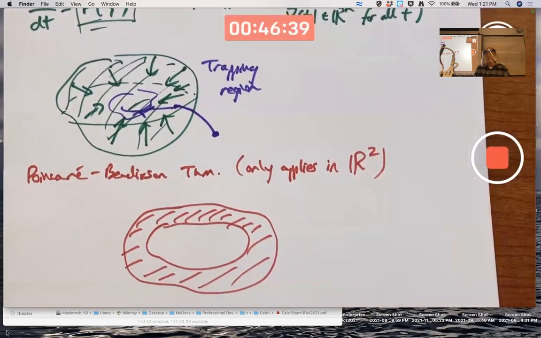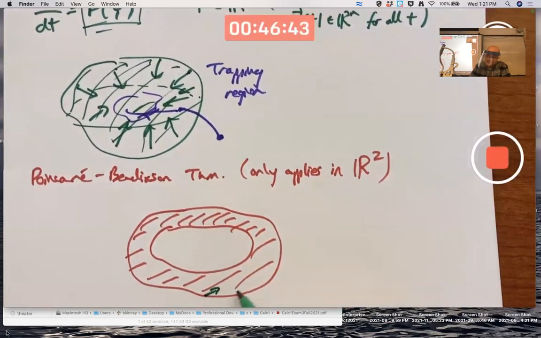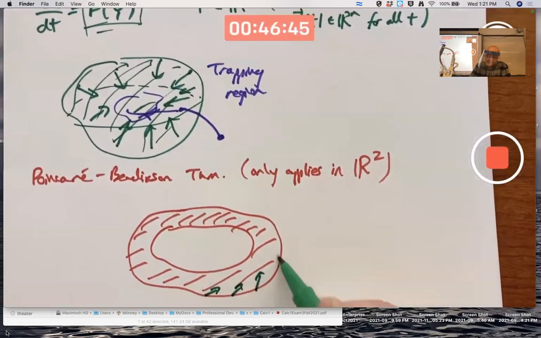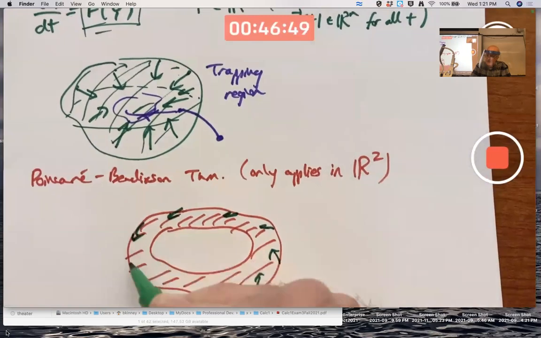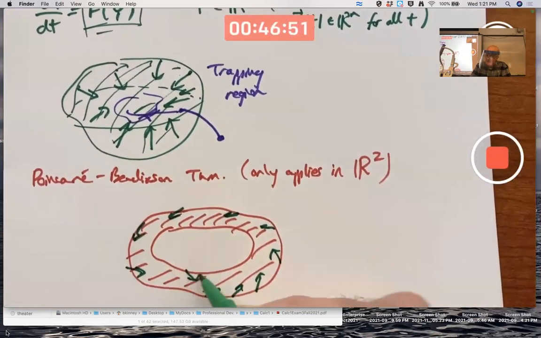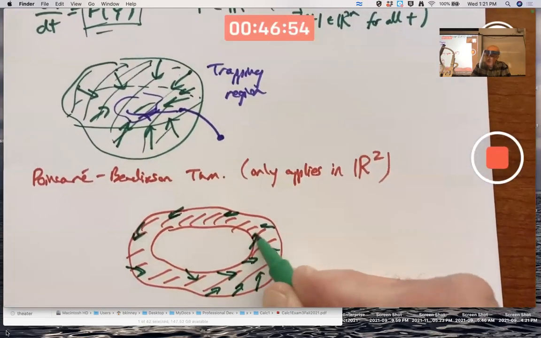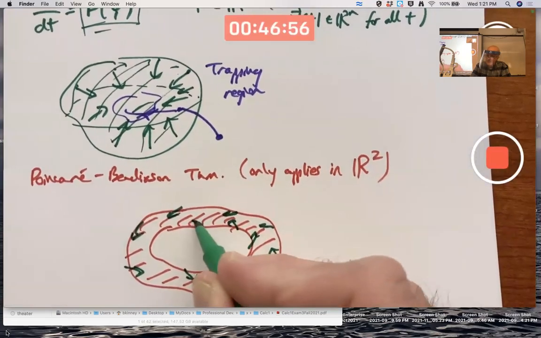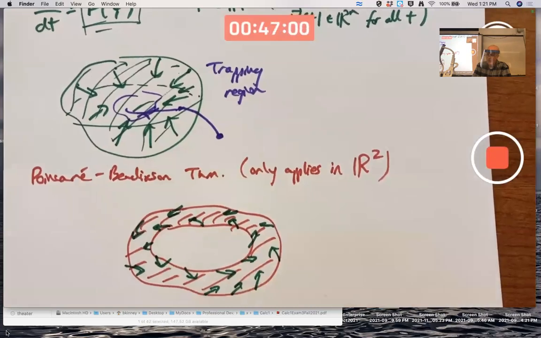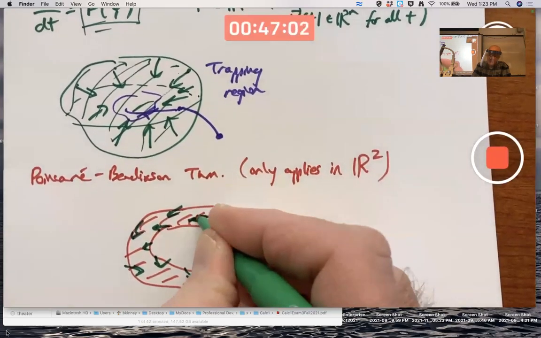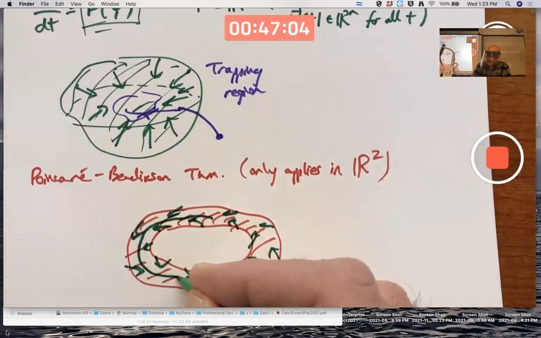But if it's ring shaped like this, it could be a trapping region with no equilibrium points inside. And your vector field might look like this along the boundary. And the Poincare-Bendixson theorem, which can be proved, would show there's at least one periodic solution inside here.